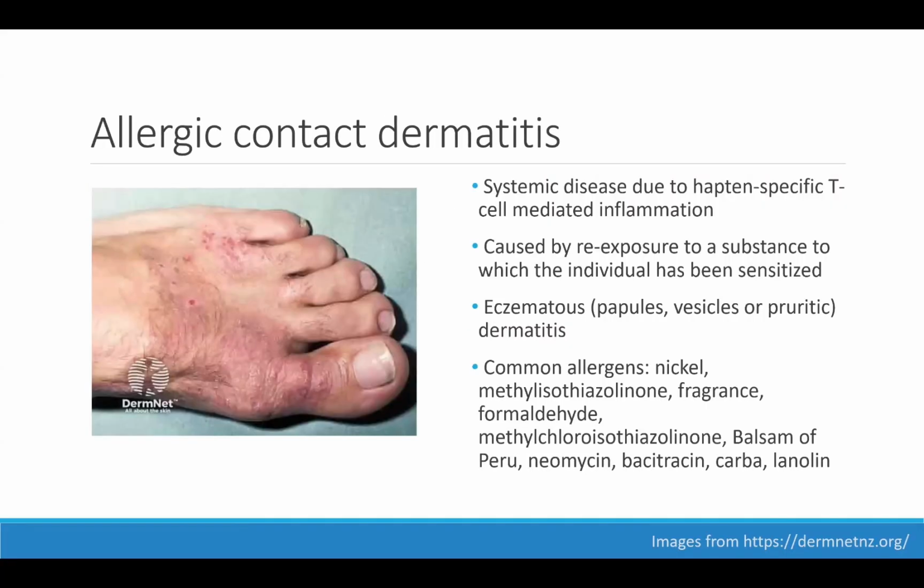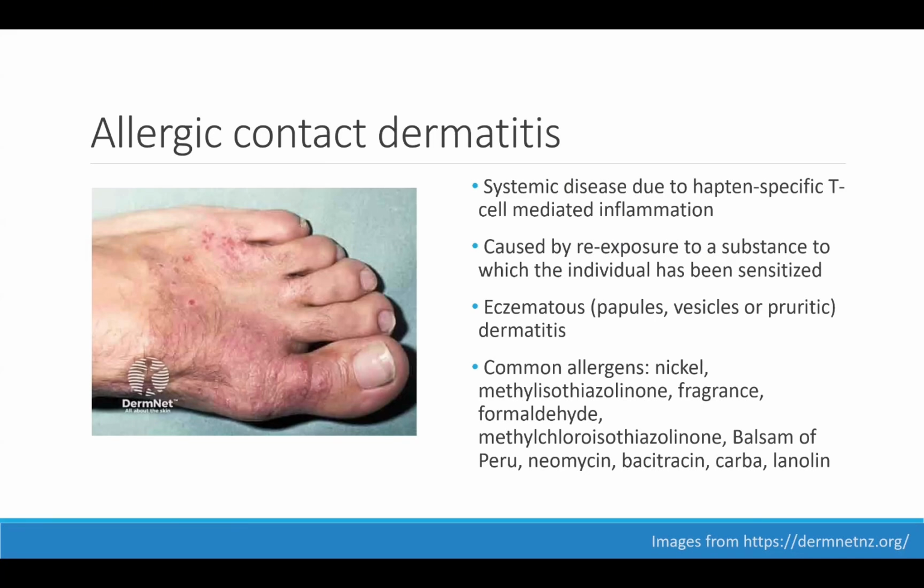Allergic contact dermatitis is the second type of exogenous eczema, and this is actually a systemic disease due to hapten-specific T-cell mediated inflammation, which is also a type of delayed type hypersensitivity. It is caused by re-exposure to a substance to which the individual has been sensitized.